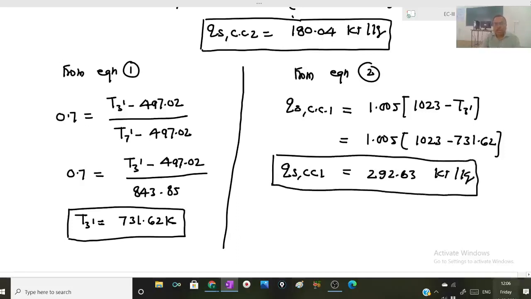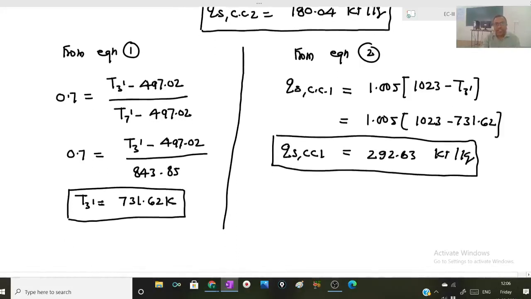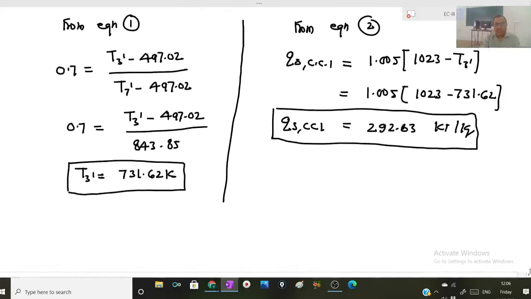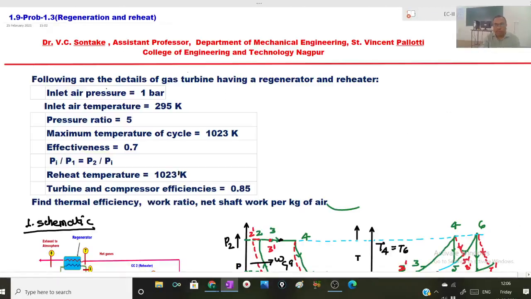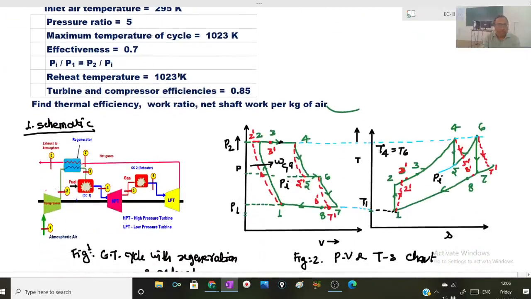Now see what we are doing. While considering regeneration and reheat, we are supplying heat in two components. One is in combustion chamber 1 and another is in combustion chamber 2. So the total heat supplied in the cycle will actually be the summation of these two heat supplied.